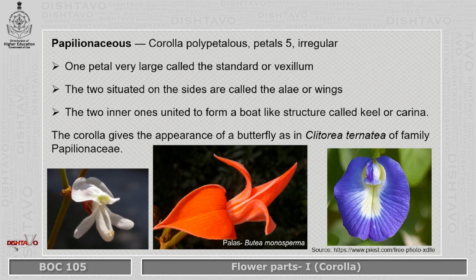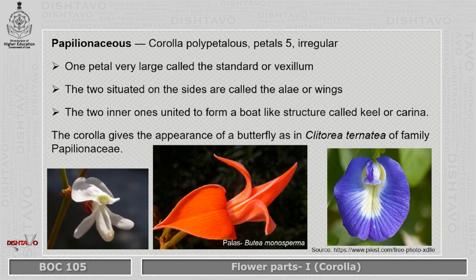Papilionaceous corolla: corolla polypetalous, petals 5, irregular. In this, all 5 petals are not equal. One of the petals is very large and called standard or vexillum.